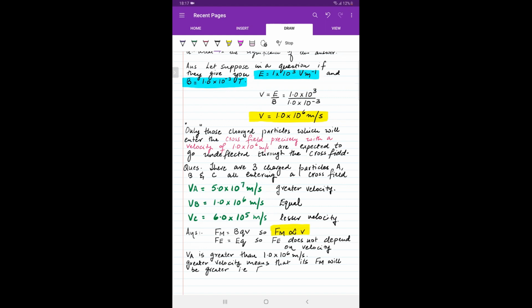That is, magnetic force will outweigh the electrical force, since magnetic force, आपको याद होगा हमारे वाले वर्किंग के अंदर, magnetic force was causing an upward deflection, therefore moves upwards.